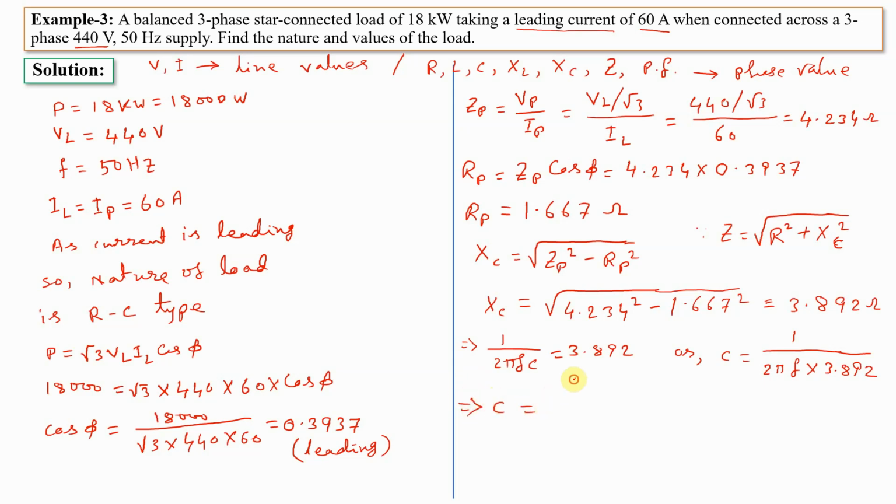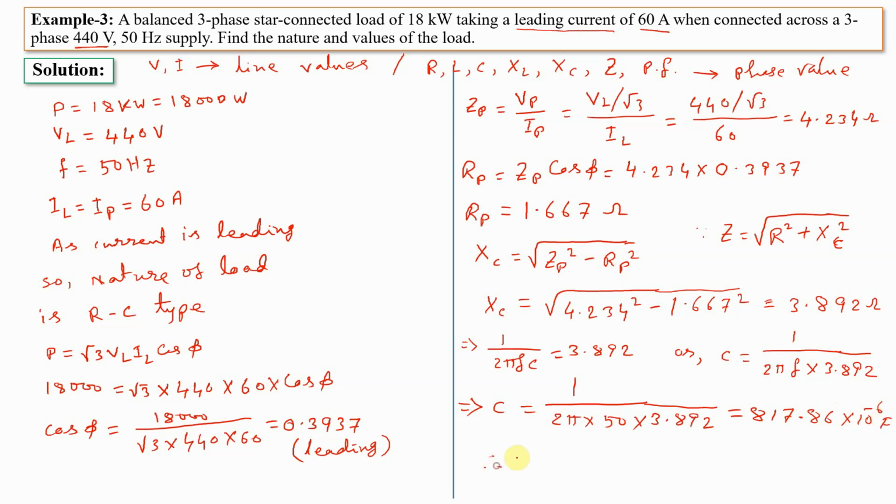So it is 2 pi into F, that is 50, into 3.892, and after simplification the value will be 817.86 into 10 to the power minus 6 farad.